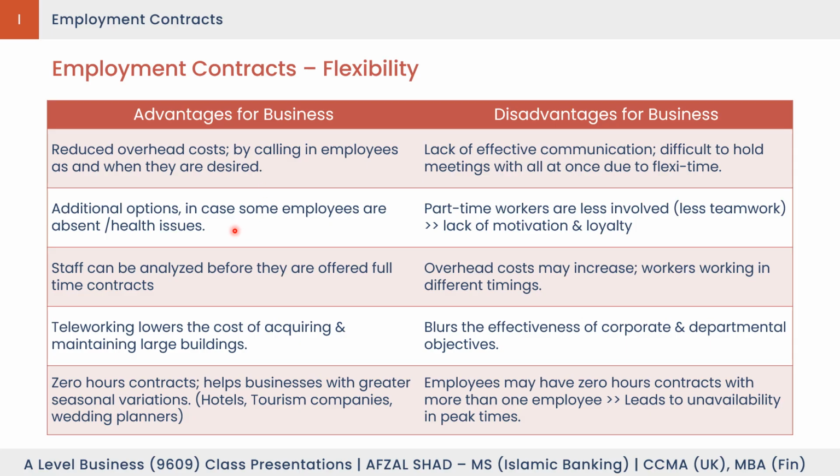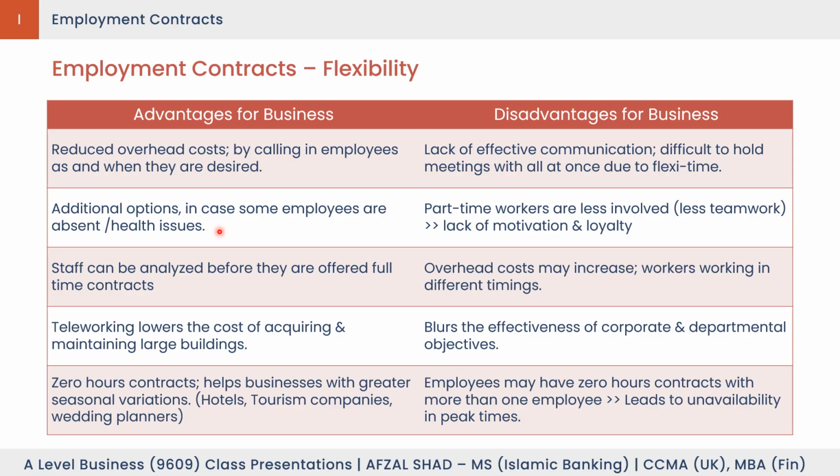Second, additional options in case some employees are absent or have health issues. If there's flexibility in an employment contract, that means there are additional options available. Especially when one employee is absent and you are working on the flexi time contract, you can call up the alternative employee if an alternative is available.